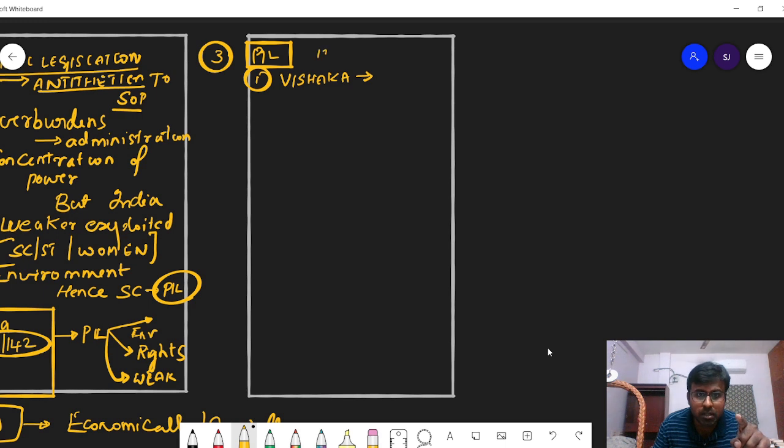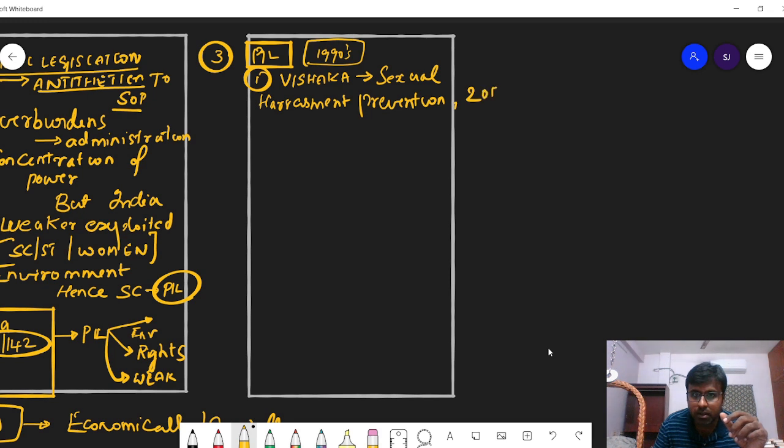In the 1990s they gave this judgment, as a result of which the Sexual Harassment of Women at Workplace (Prevention) Act 2013 has now been passed based on the Vishaka judgment. So PIL. Next, many undertrials were released. See, sometimes what are all these undertrials?